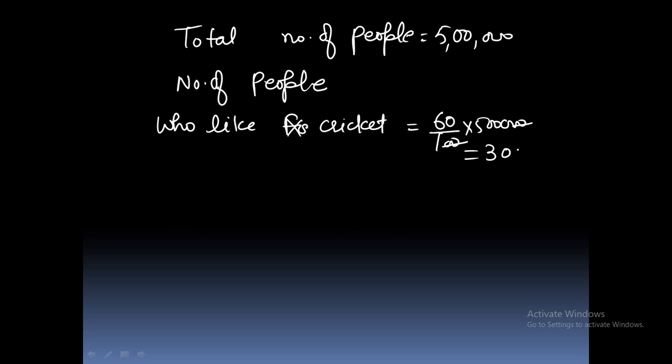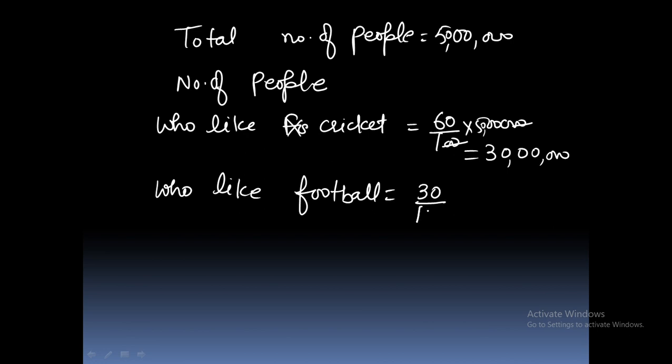Sorry, here 50 lakhs are the people and 30 lakhs are those people who like cricket. Number of people who like football, those are 30% of 50 lakhs. Then we get 15 lakhs.